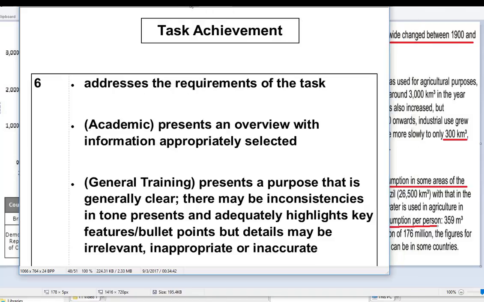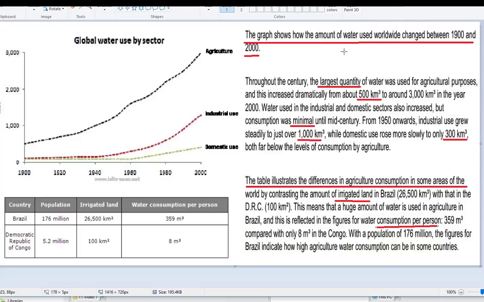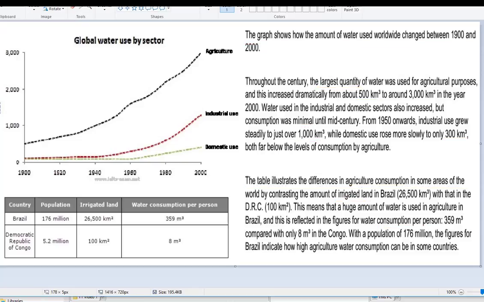So let's see if the writer can get a 6 for task achievement. Addresses the requirements of the task. I would say in general the information was appropriately selected, even though there were some minor slips, so probably a 6. Let's go on to look at coherence and cohesion.